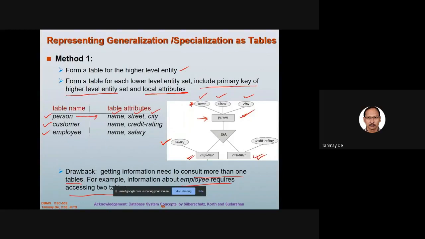Not only the employee table is sufficient, we also need to consult the person table, because the person table consists of the address of the employee, that is the street, city, and so on. For simplicity, we can consider three columns for the person table. Is it clear?